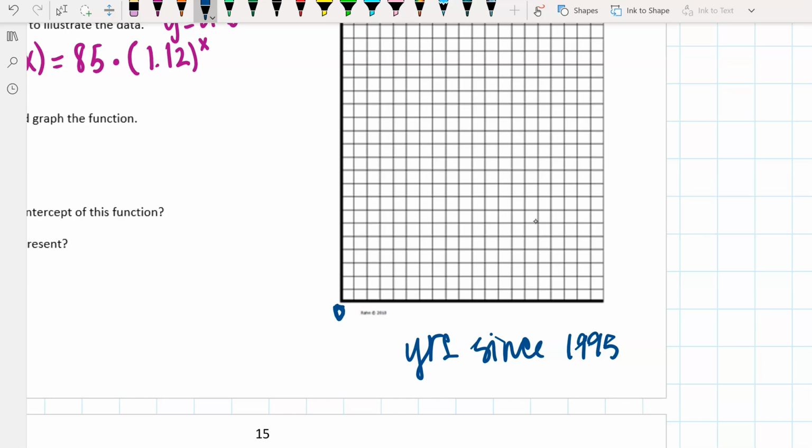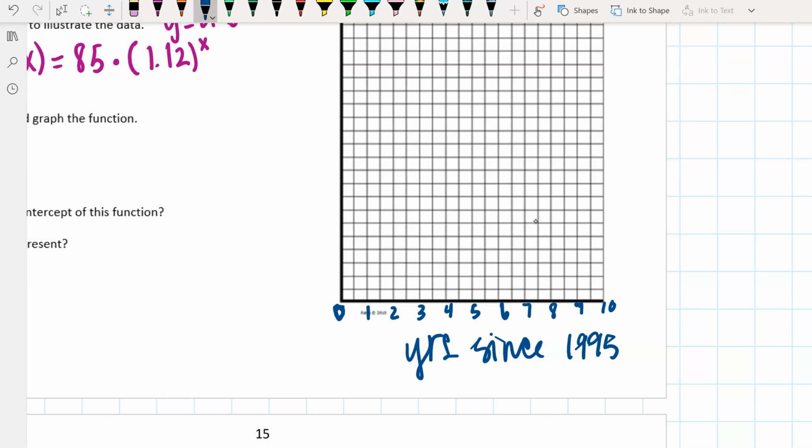And then I'm going to try to space these out just a little bit. So I'm going to go every other: 1, 2, 3, 4, 5, 6, 7, 8, 9, and 10 will be my last one, okay?